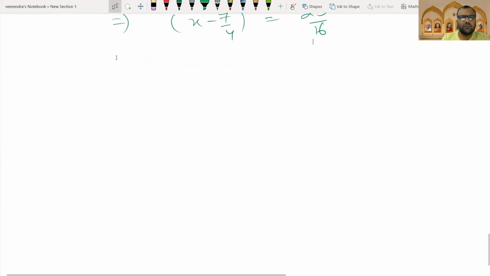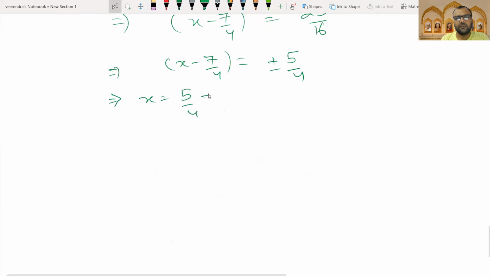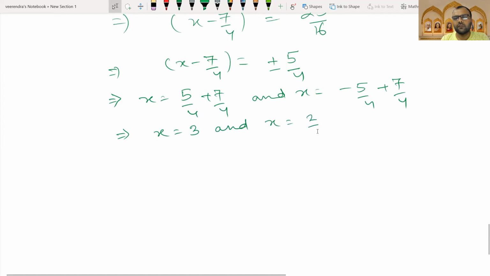On taking the square root, it will become x minus 7 by 4 equals plus minus 5 by 4. So from here we will get x equals 5 by 4 plus 7 by 4, and x equals minus 5 by 4 plus 7 by 4. So the value of x will come as x equals 12 by 4, which is 3, and x equals 2 by 4, which is 1 by 2.